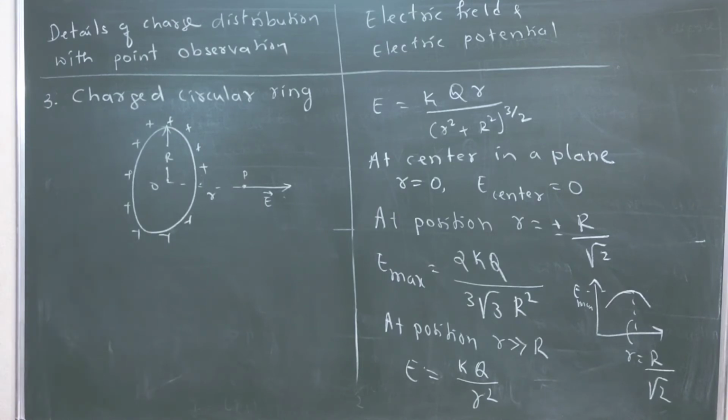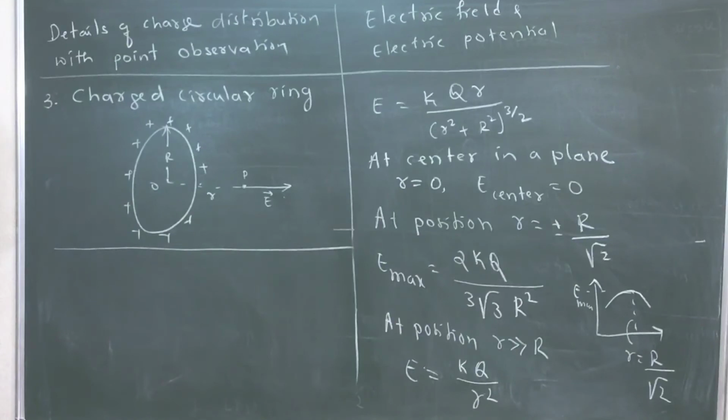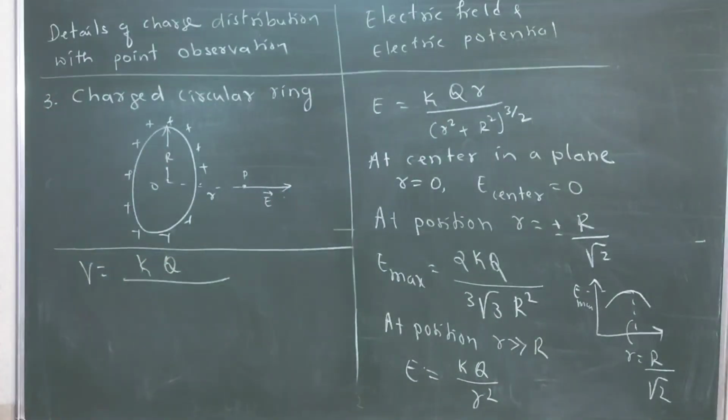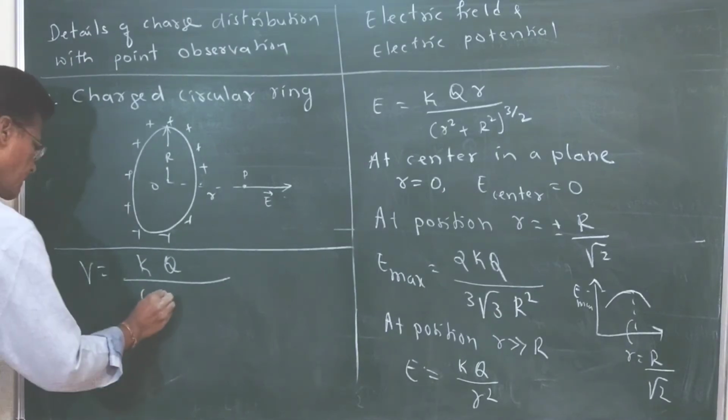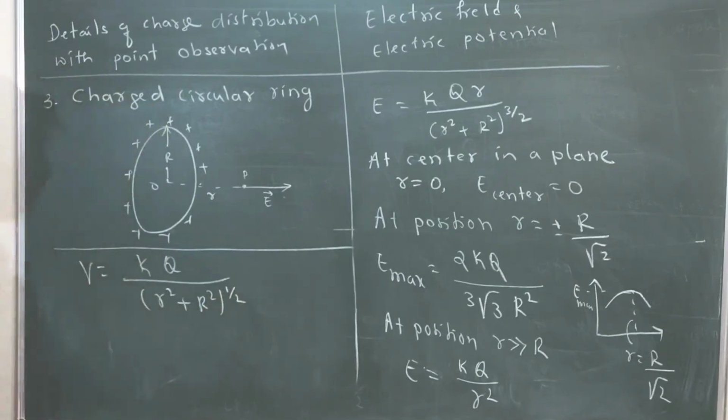Now this is about the electric field. Now we can see the electric potential. Electric potential V equal to kQ divided by (r square plus capital R square) to the power of 1 by 2.